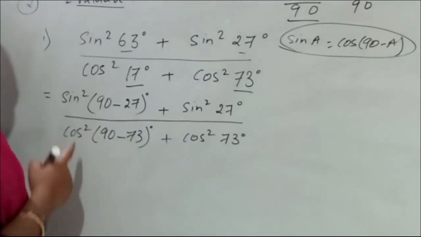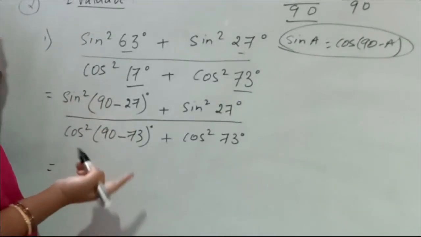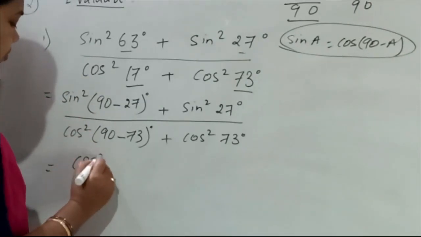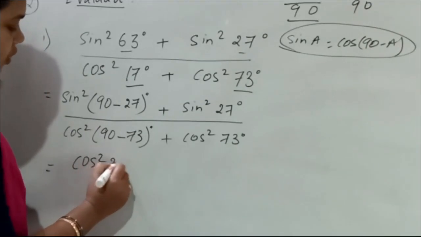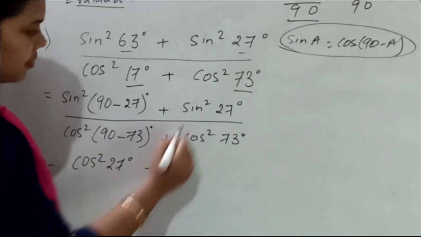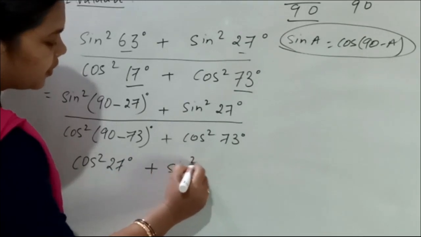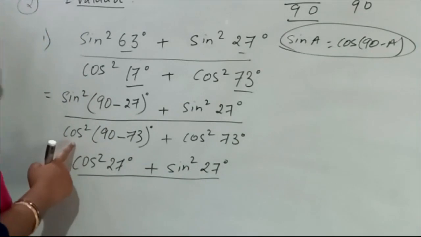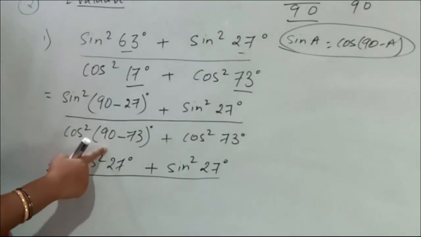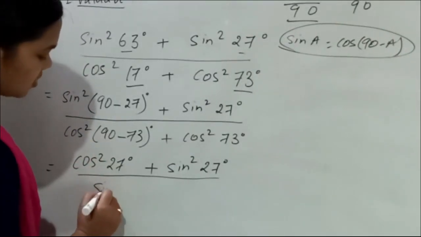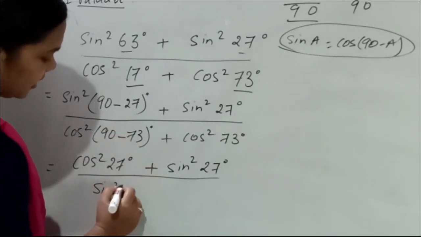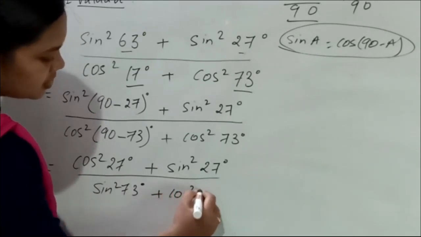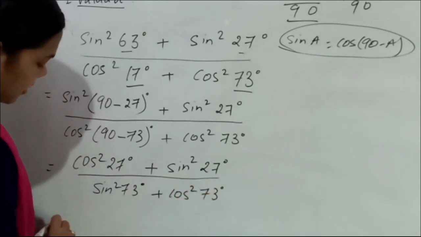So here also sin(90 minus A) equals cos A. So here cos² 27 degrees plus sin² 27 degrees. Here cos²(90 minus 73) degrees is equal to sin² 73 degrees, plus cos² 73 degrees. Any doubt?